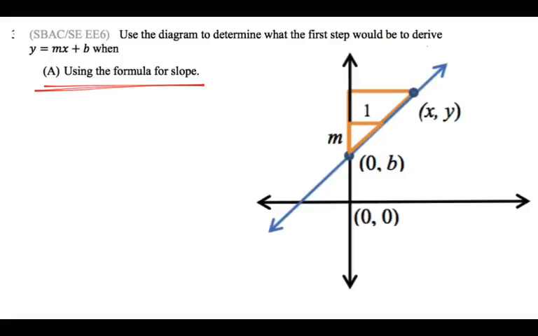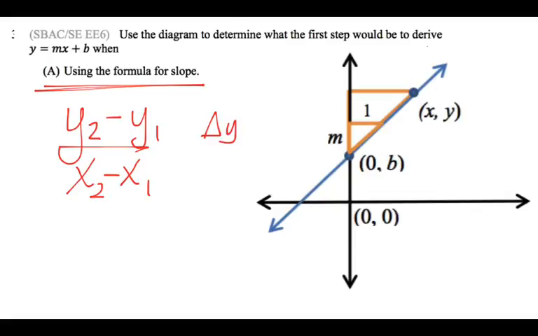Now the formula for slope is the second y minus the first y over second x minus the first x, or change in y over change in x. Okay, you've seen both of these things. Now, this doesn't really help us because we want to manipulate equations and end up with y equals mx plus b. However, keeping this formula in mind is going to be helpful.